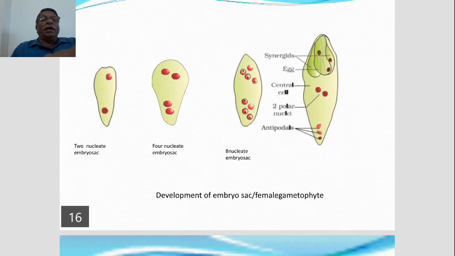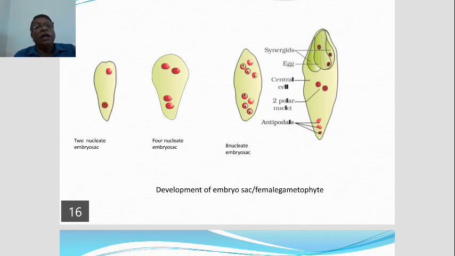Refer to the diagram, different stages. At the center of the central cell there are 2 nuclei. One nucleus from one pole migrates to the center, and the other nucleus from the other pole migrates to the center. Thus 2 polar nuclei are there, N plus N.